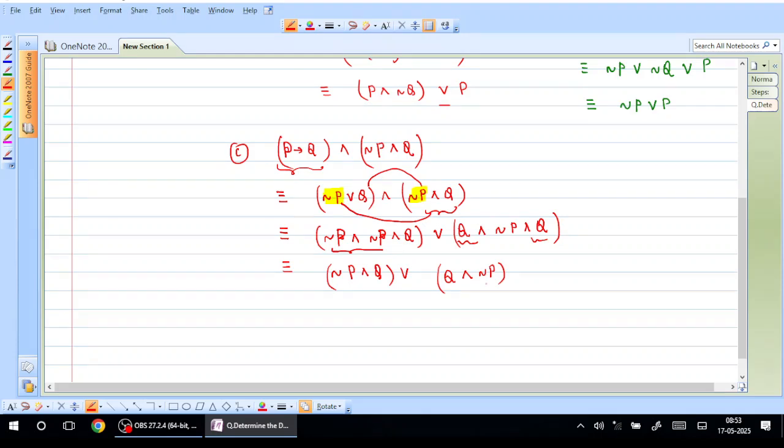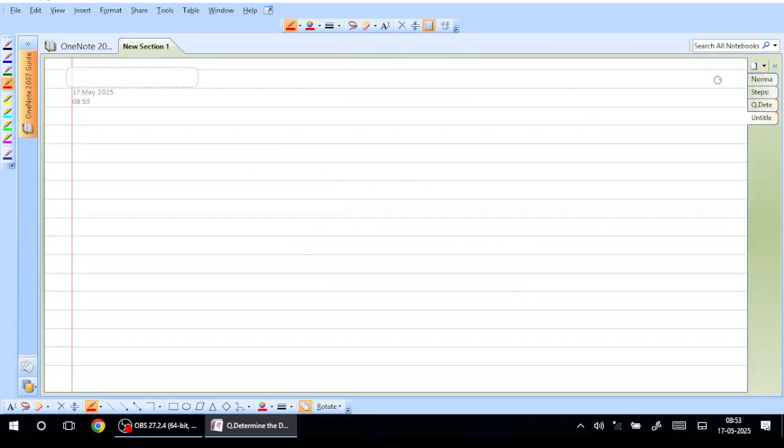This is the required form, right? So again, we can go further and decide how we can convert into CNF. So the next question which we are going to do is determine the CNF of the following forms.